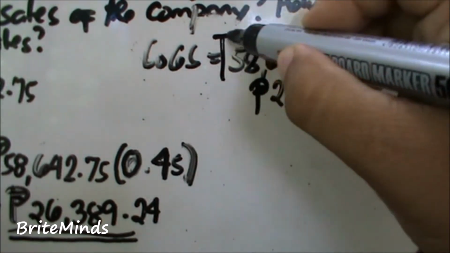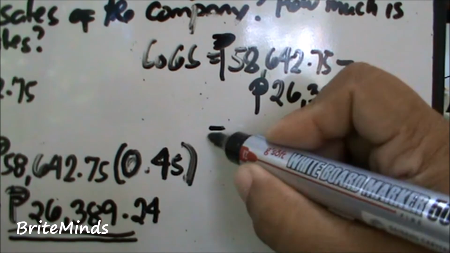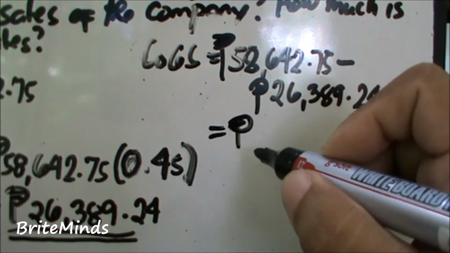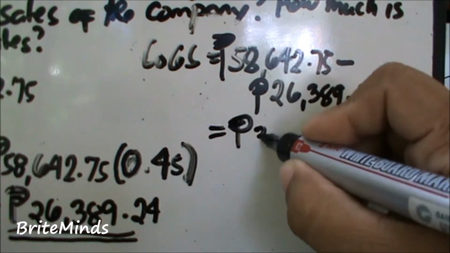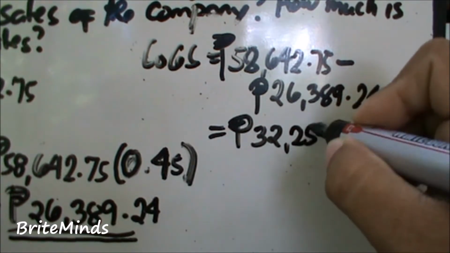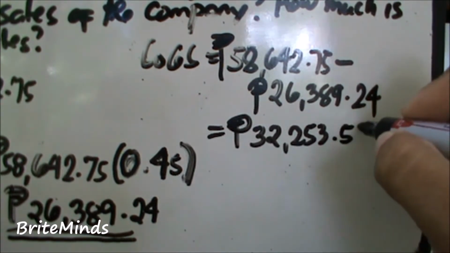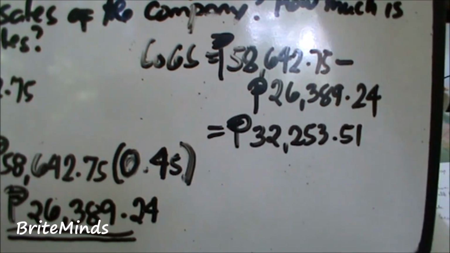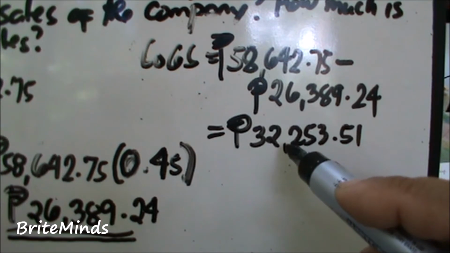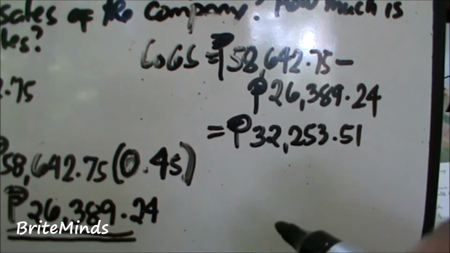Okay, so we need to put a peso sign. The answer will still be the same, 32,253 pesos and 51 centavos. So this is still the amount of the cost of sales or cost of goods sold.